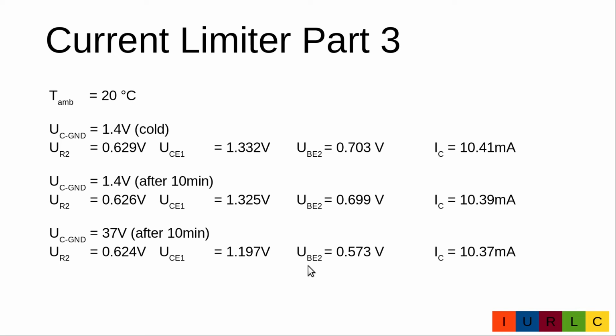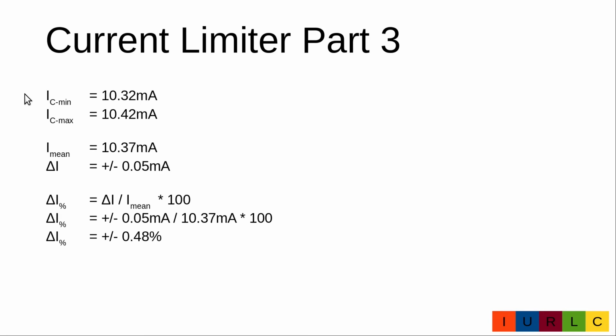We calculate the base emitter voltage of transistor 2 with 573 millivolt and measure a collector current of 10.37 milliamp. During the whole measurement, we recognize the minimal collector current of 10.32 milliamp and a maximum collector current of 10.42 milliamp. Now we calculate the accuracy.